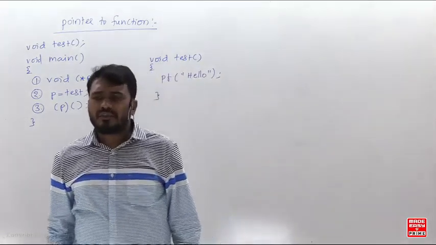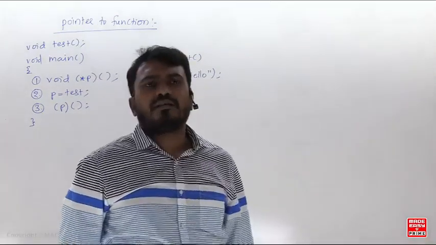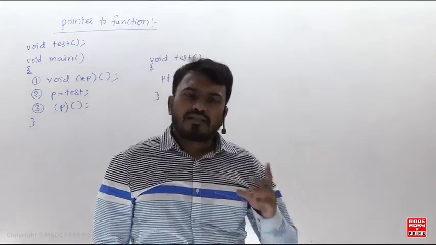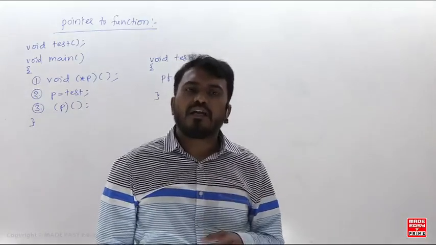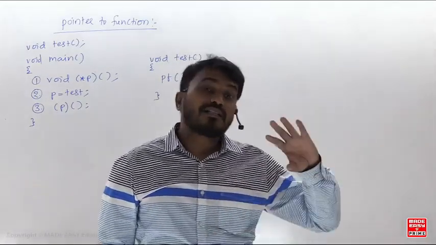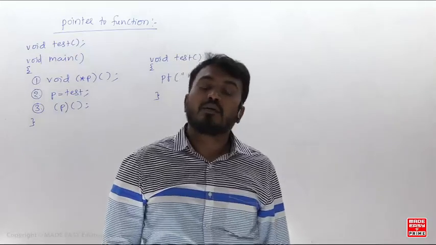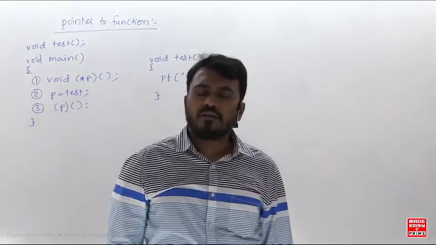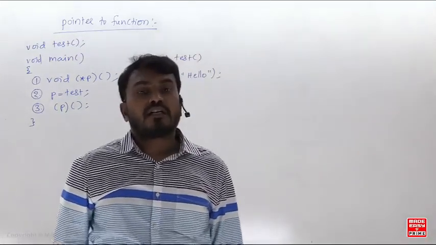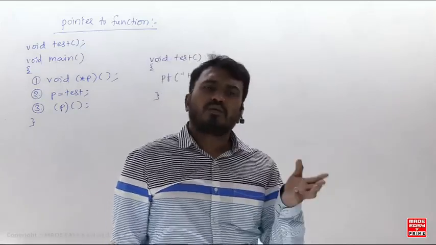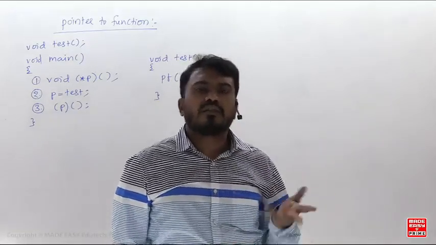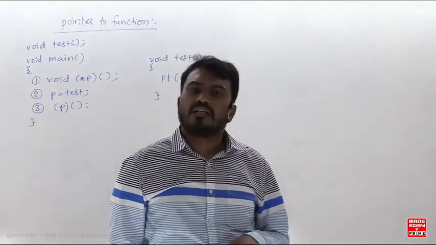But remember, function pointers are not very popular. Generally, if you want to access any function inside your main, you can just declare the function as a global. Everybody knows you can declare the function as a global and simply call it from wherever you want in the main function. Is that clear?